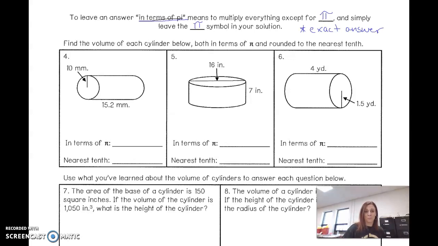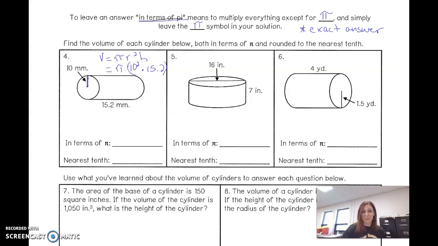Okay, so volume still equals pi times the radius squared times the height. So this is going to equal pi times the radius. Now distance from the center to the outside is 10, times 10 squared times our height, times our height, 15.2. Okay, and so what you do is you just multiply everything that's next to pi.